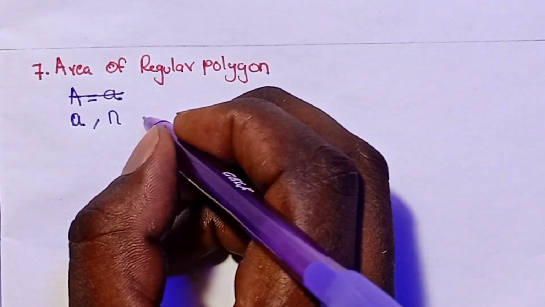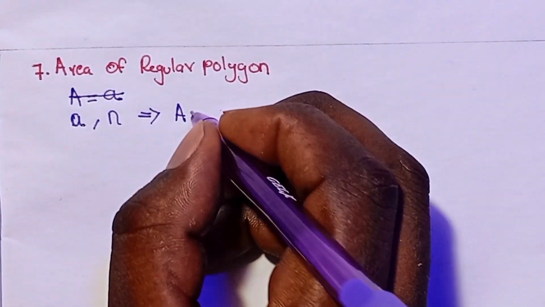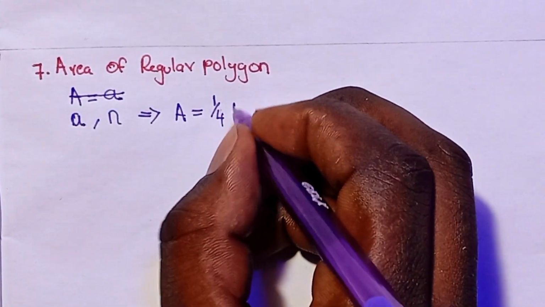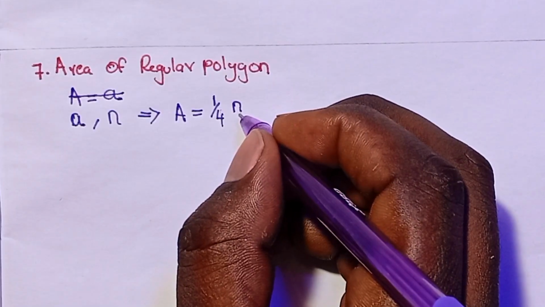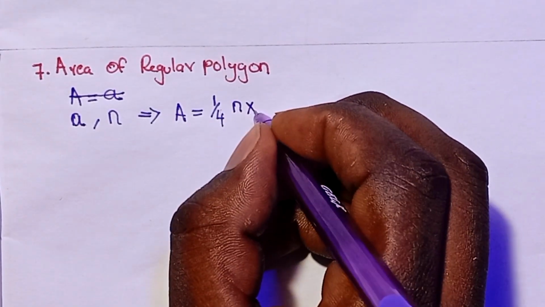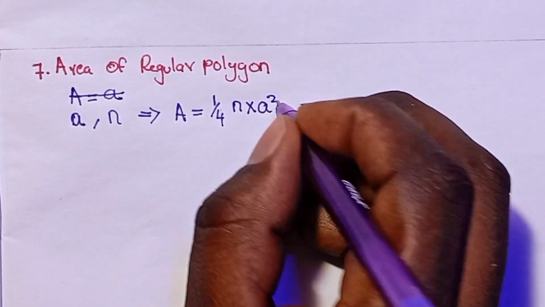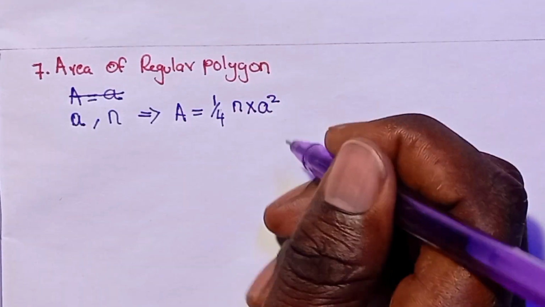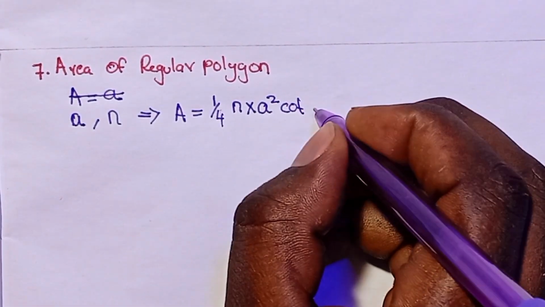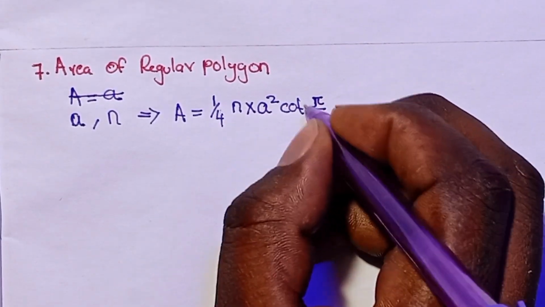So the formula to get this area is equal to a quarter, multiplied by the number of sides n, multiplied by a squared, where a is the side length, cot pi all over n.